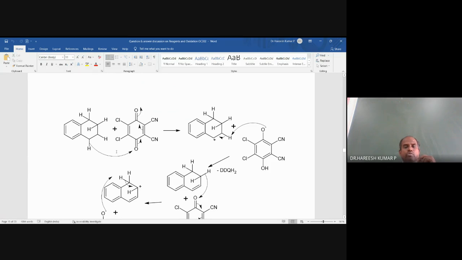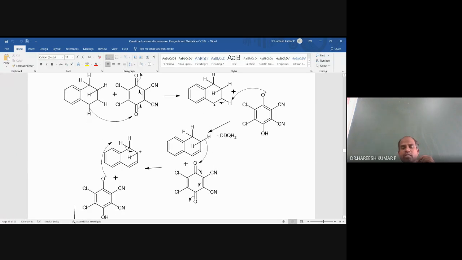When there is a new bond formation between this oxygen and this hydride, this bond pair goes over here, and this bond pair will sit on this oxygen. This is an intermediate. Then this bond pair captures this proton, leaving behind the bond pair here itself. That means the bond pair will form a bond over here. That is how one double bond is formed.